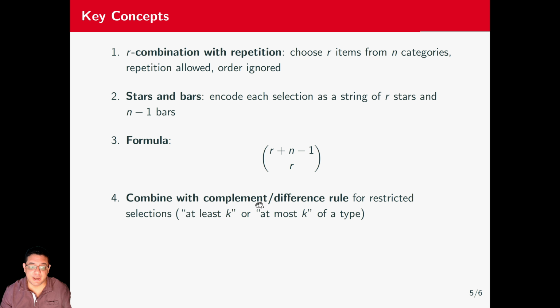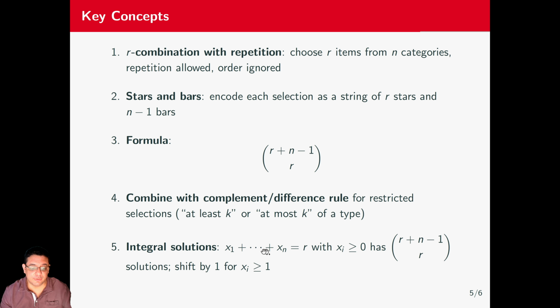We can also combine with complements for different rules for restricted selection, the at least k or at most k kind of solutions. And the integral solutions x1 plus up to xn equals r with xi bigger than 0 is going to have r plus n minus 1 choose r solutions.